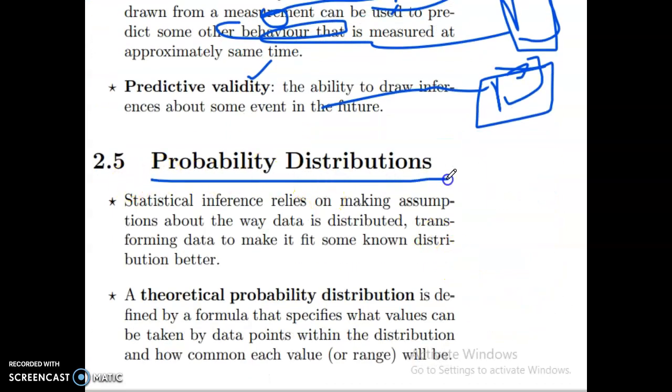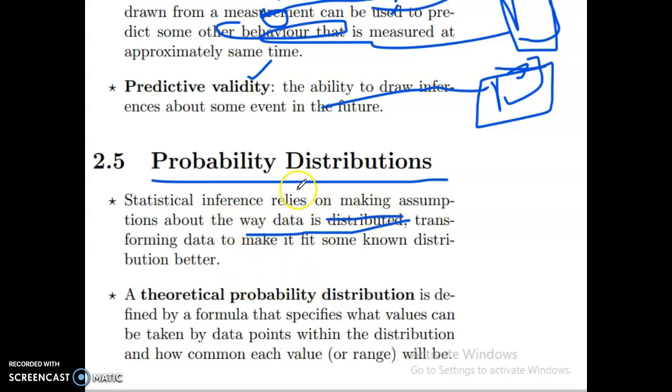Probability distributions. Statistical inference relies on making assumptions about the way data is distributed, and transforming data to make it fit some known distribution better.